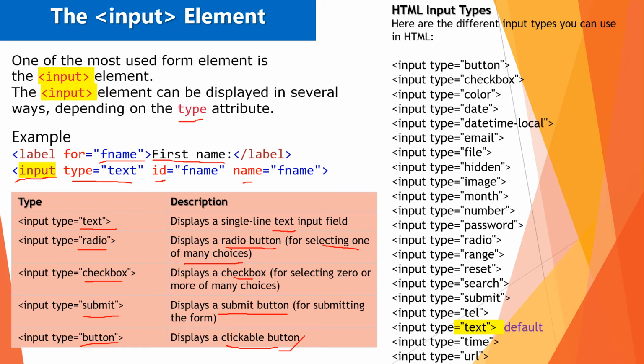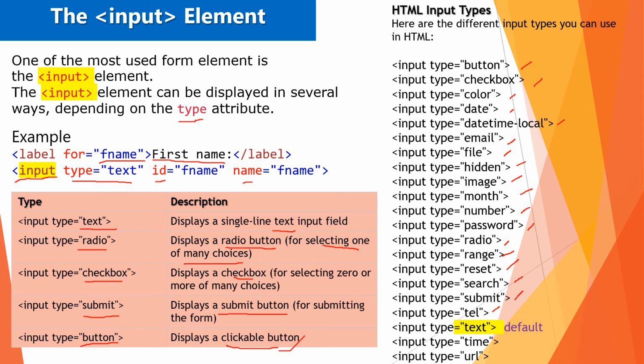For example, that is input type button, then checkbox, we can use color, date, datetime-local, then email, file, hidden, image, month, number, password, radio, range, reset, search, submit, tel.